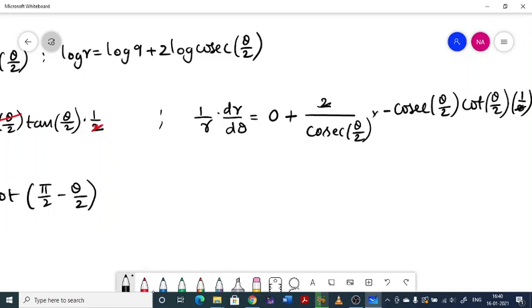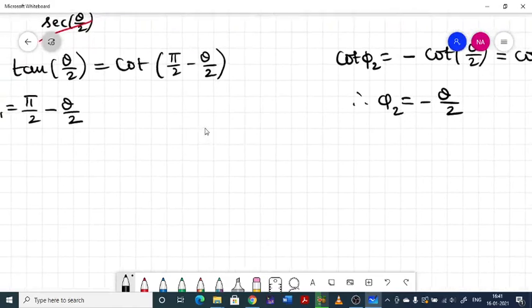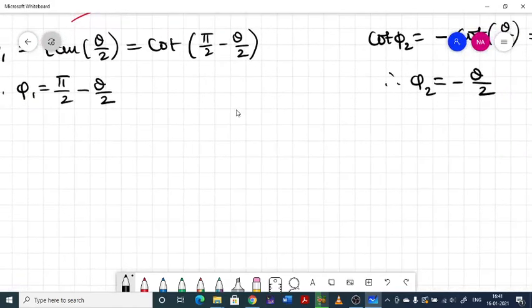So I remain with cot phi 2 equal to, yes, cosecant also cancels, right? Minus cot of theta by 2. But as I said already, minus cot theta equal to cot of minus theta. So this I can write as cot of minus theta by 2. So phi 2 equal to minus theta by 2. So we got phi 1 and phi 2.